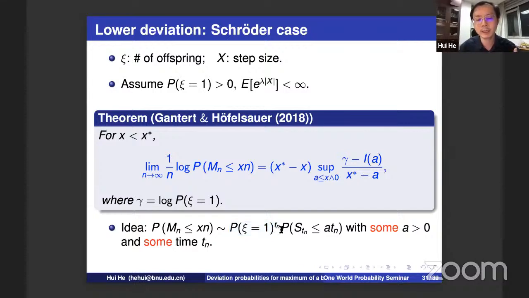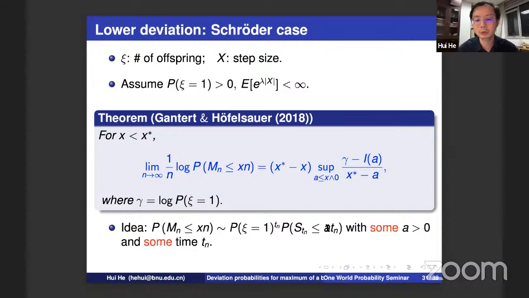Since each particle only has one child, at time T_n there is only one individual in the system. So from time 0 to time T_n, it's not a branching random walk. In fact, it's just a Euro random walk. So you let the position of this individual be lower than some special position.